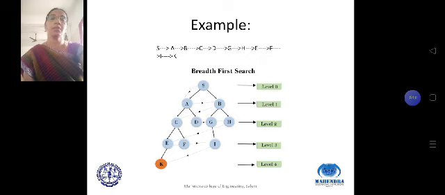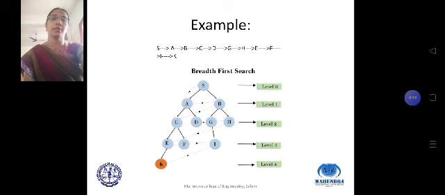At level 0 is the source node, and level 1 has nodes A and B. So the source node traverses A and B breadth-wise, and level 2 nodes are C, D, G, H. In the breadth-wise manner we visit C, D, G, H, and then at level 3 we visit E, F, I. Then at level 4 we visit the successor node of K. So from source to destination, we search the tree in a breadth-wise manner.